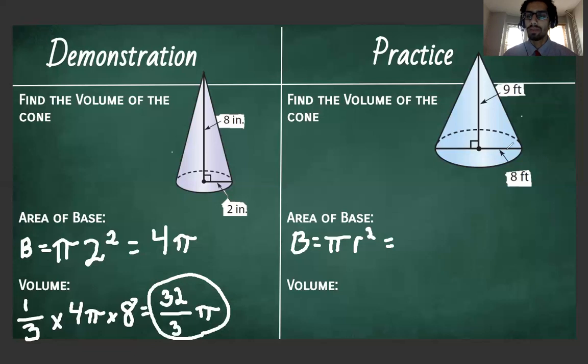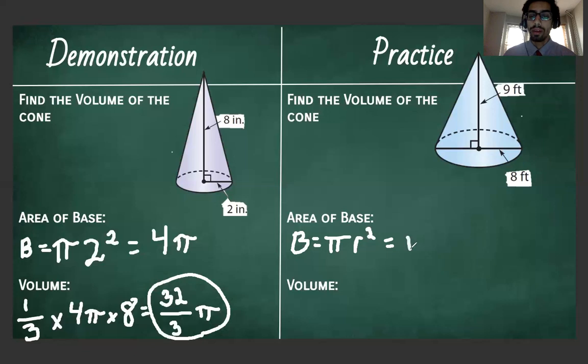What does 8 represent? Does it represent half of the length across the circle, or the whole length across the circle? It represents the whole. In this case, they gave me the diameter. So what I'm going to do for this problem is just cut the diameter in half, and that'll give me the radius. So just make sure you use that number instead, okay?